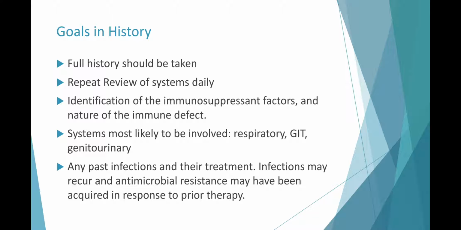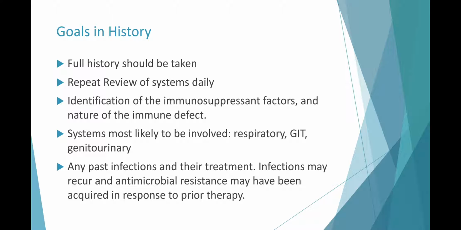Identification of the immunosuppressant factors and the nature of the immune defects, because some causes produce or predispose to certain infections, unlike other causes. Systems most likely to be involved are the respiratory, the GIT or genitourinary system. Any past infections and their treatment.